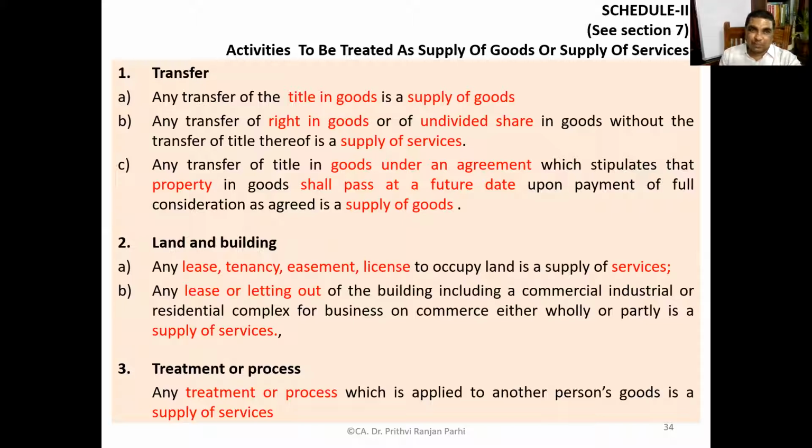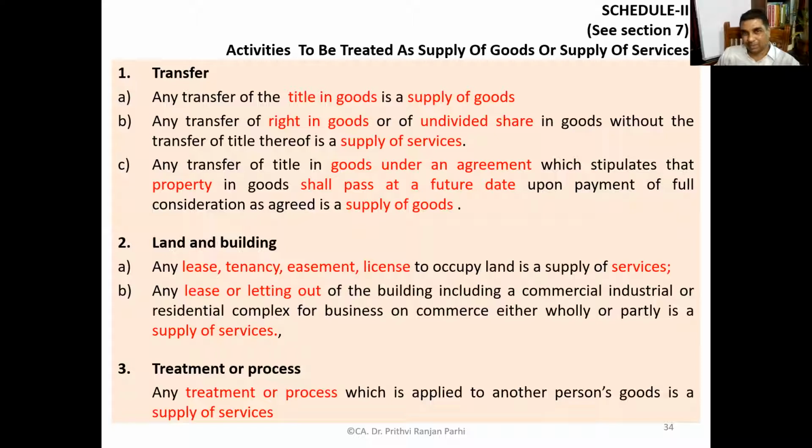The next point talks about transfer of right in goods or undivided share in goods without transfer of title. Here title is not transferred, ownership is not transferred, but the right is transferred, meaning you can use this thing.